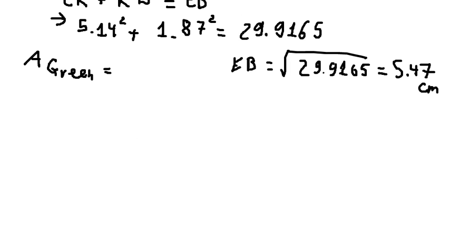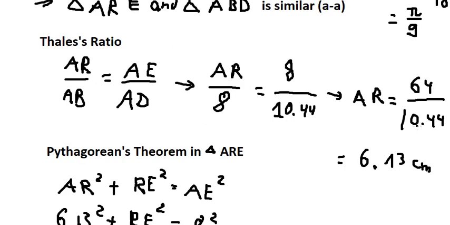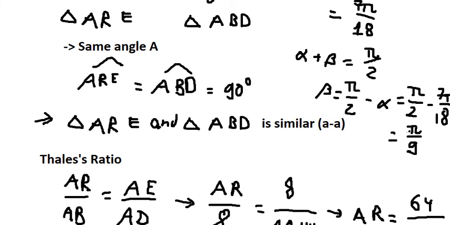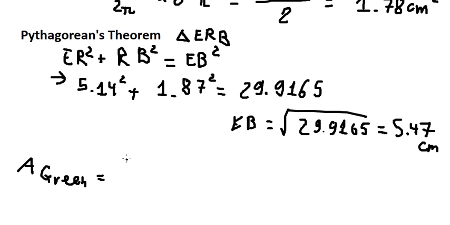And now we can find the area in here. So we know that this angle in here, we have π over 9. So we have π over 9 go in here. We divide by 2π. Later that we have the radius in here.